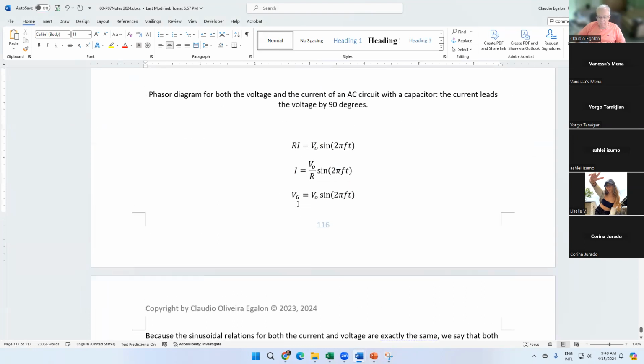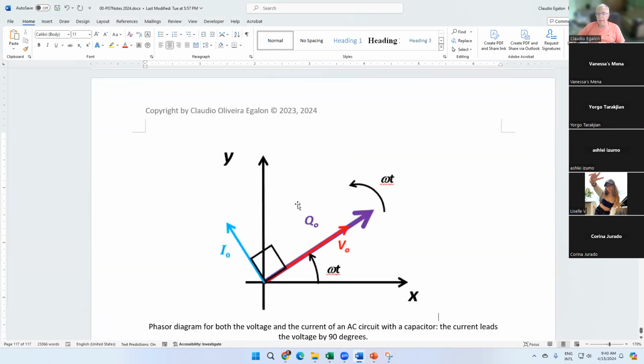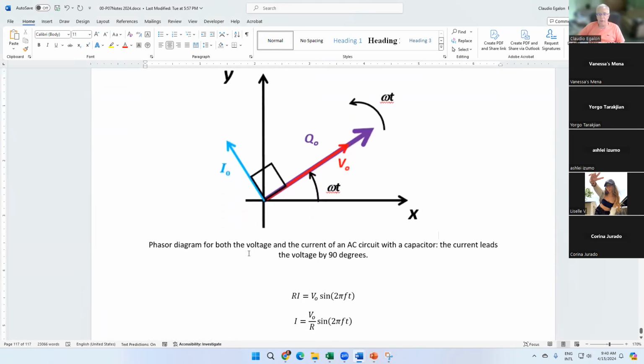Here we go. Phasor diagram for the voltage, the charge in the capacitor, and the current of an AC circuit with a capacitor.